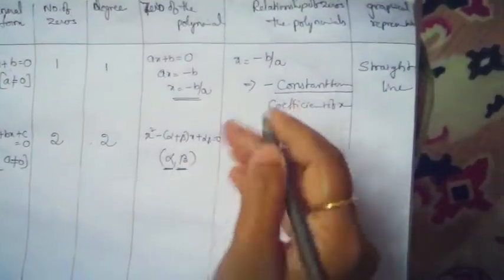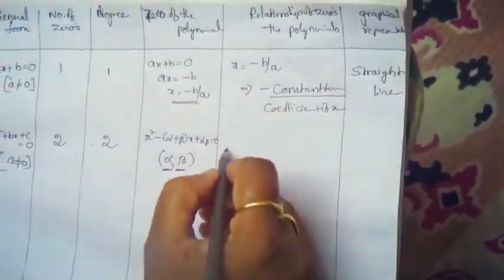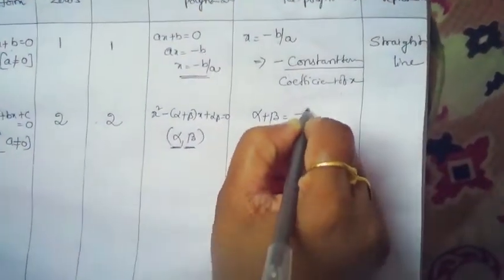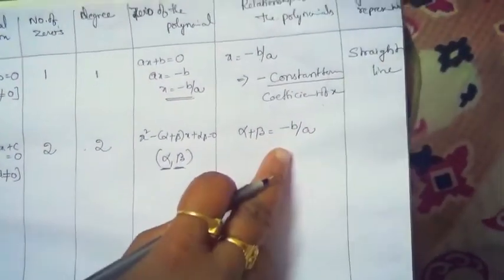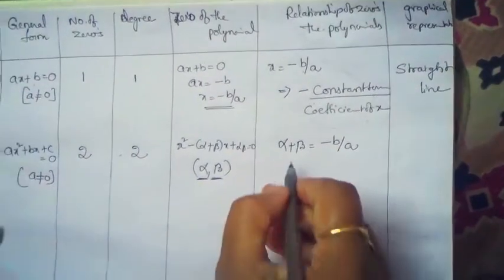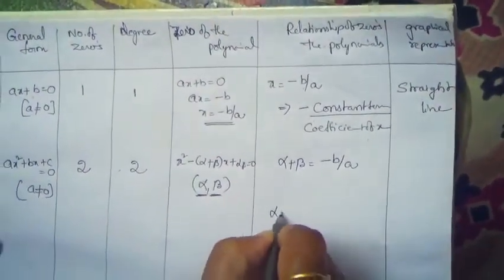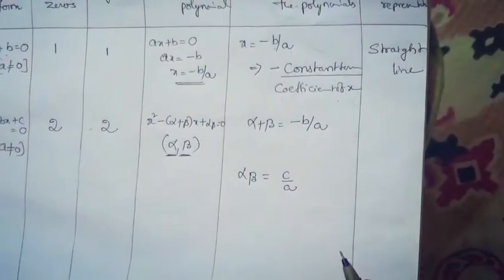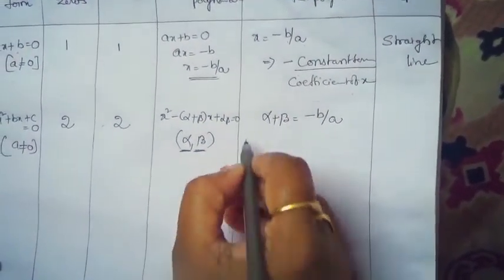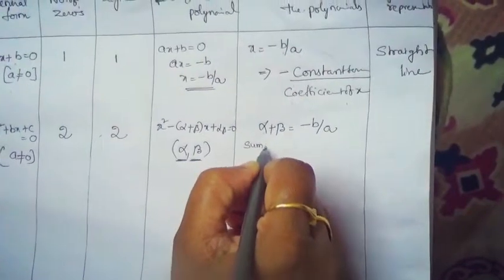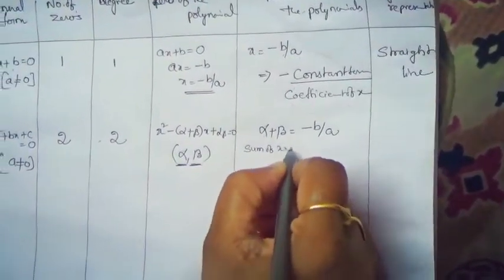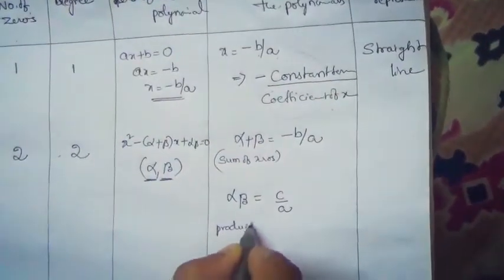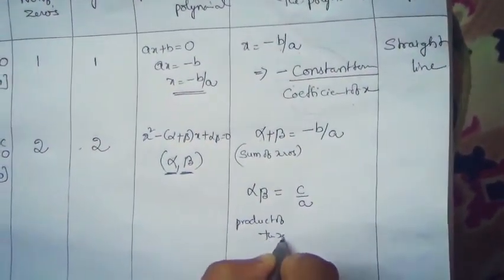So what are the relationships of alpha and beta? Alpha plus beta is equal to minus b by a is one relationship of the zeros, and the other is alpha into beta, which is equal to c by a. Alpha plus beta means sum of the zeros, and alpha beta is the product of the zeros.